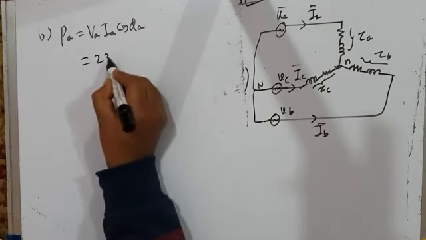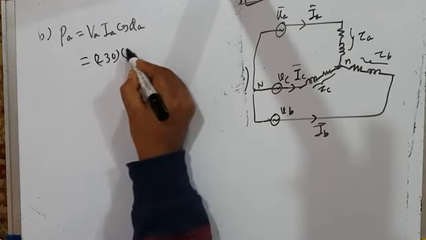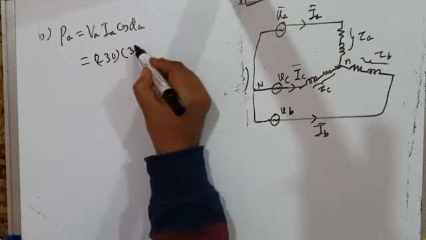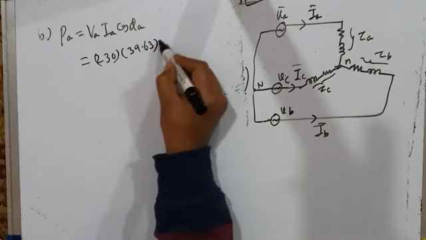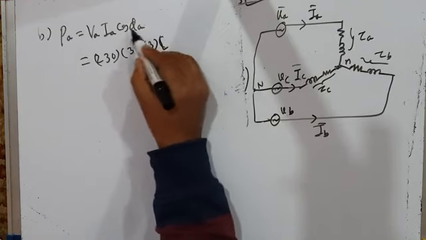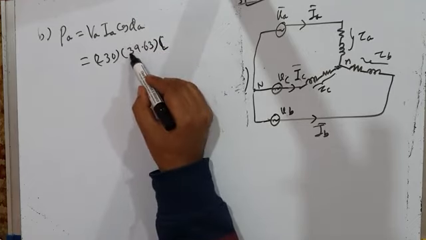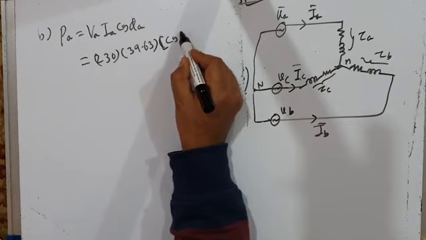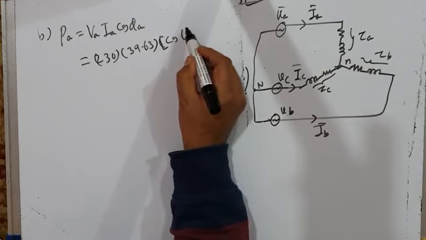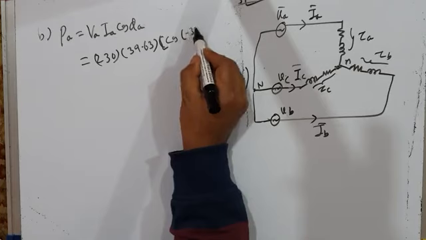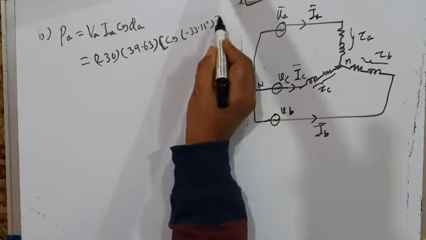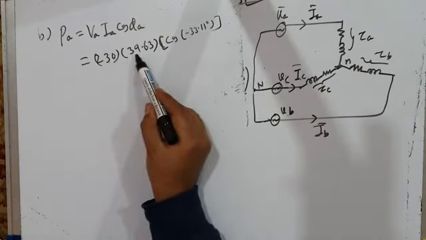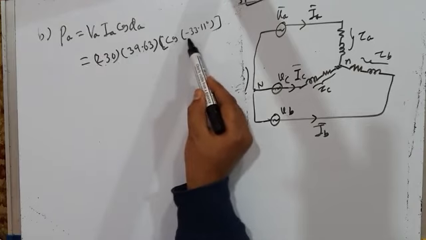The RMS value is 39.63 amps, and this current IA lags behind the voltage by phi A. And how much is phi A? You calculated it a little while ago, -33.11 degrees. VA into IA into cos phi A.